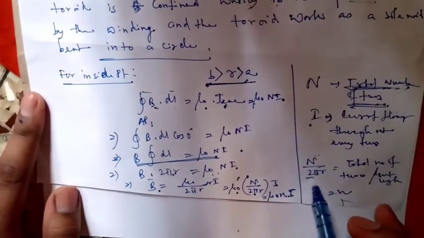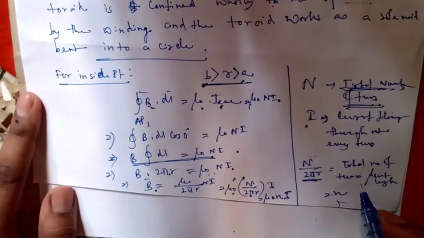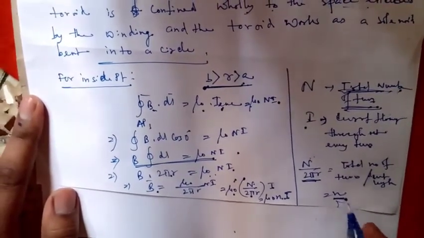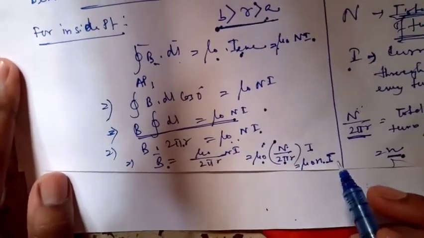So N by 2 pi r can be written as the total number of turns per unit length. So it is written as small n, number of turns per unit length. If we replace this by small n, then we get B equal to mu 0 n I.